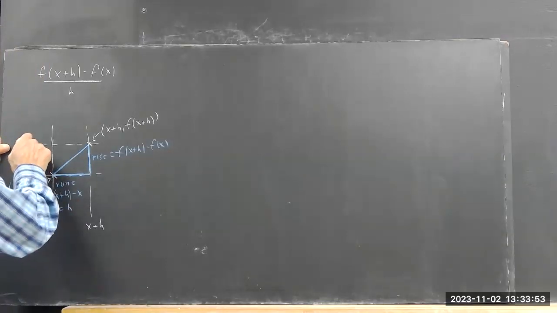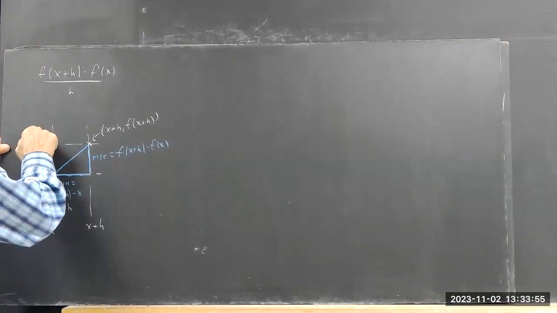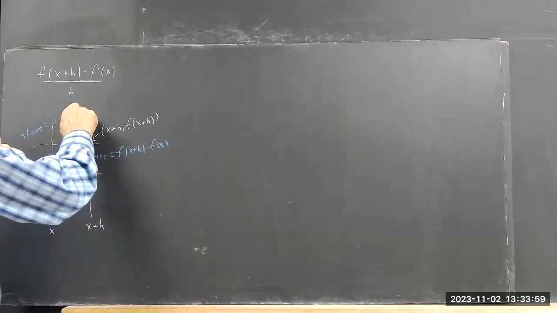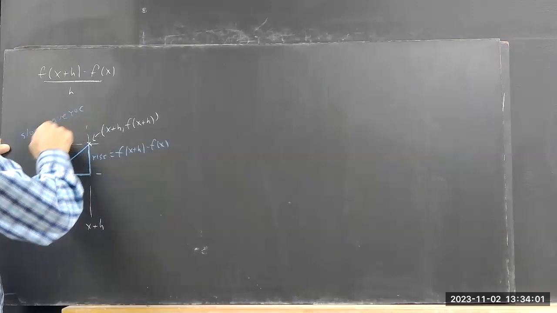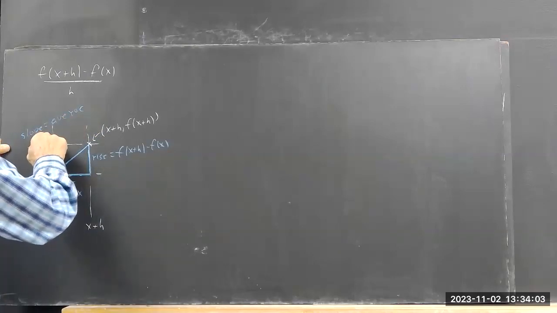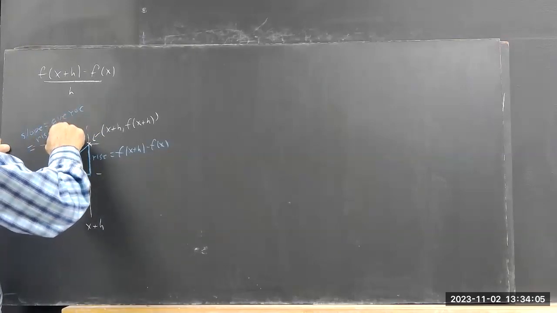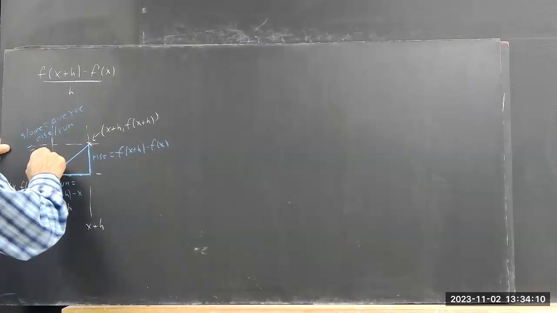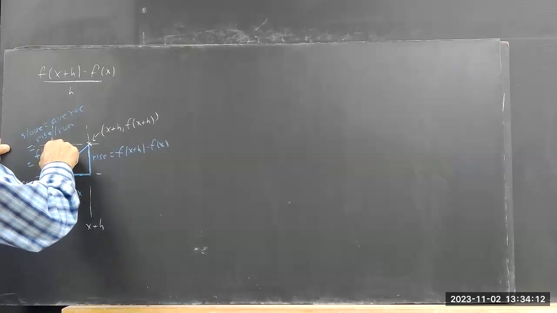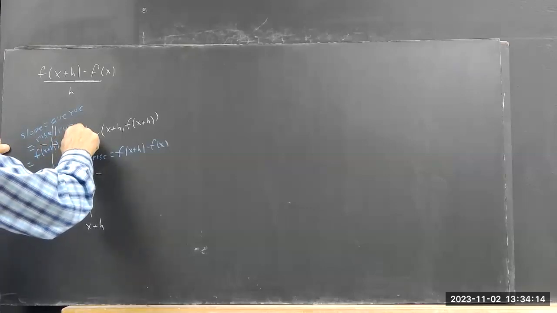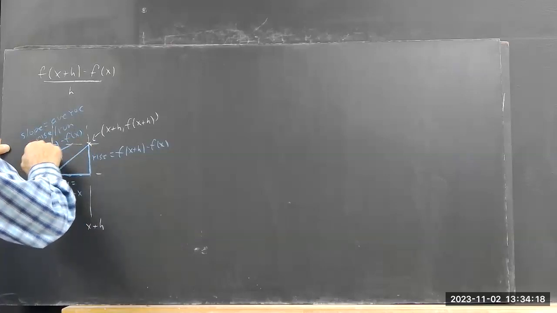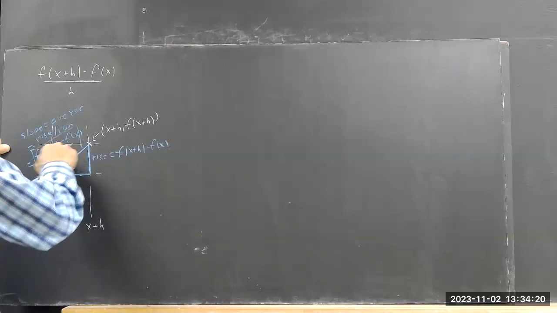So slope, which is the average rate of change, equals rise over run equals what? f of x plus h minus f of x over h.